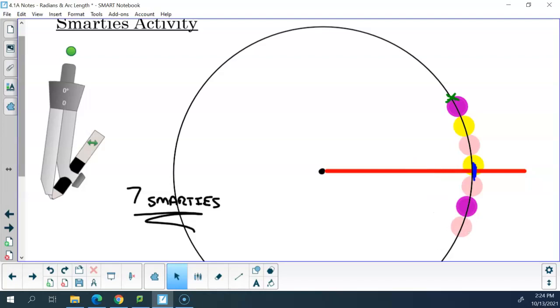So there is one grouping of 7 Smarties. So I would then mark that, right there. And then I would continue that all the way around the circle in groups of 7.